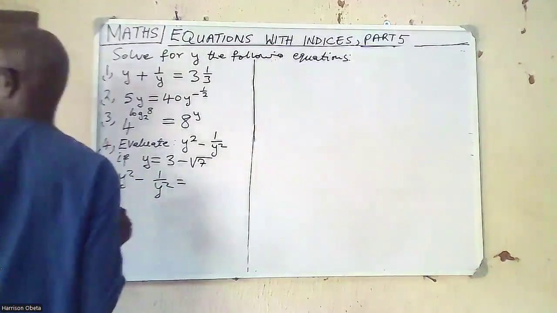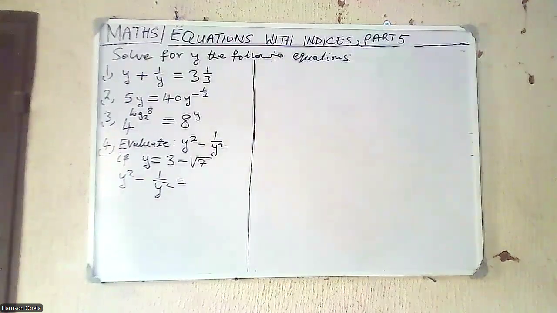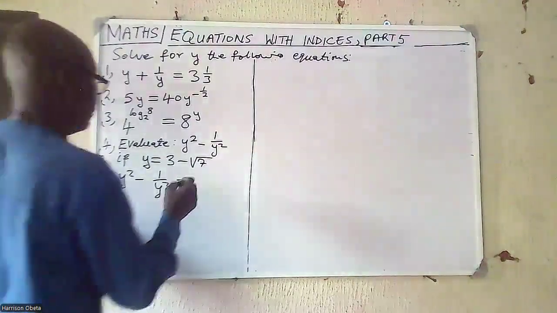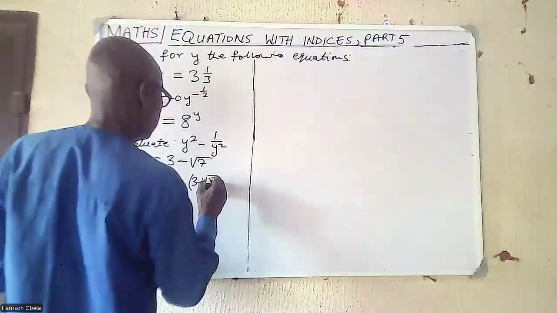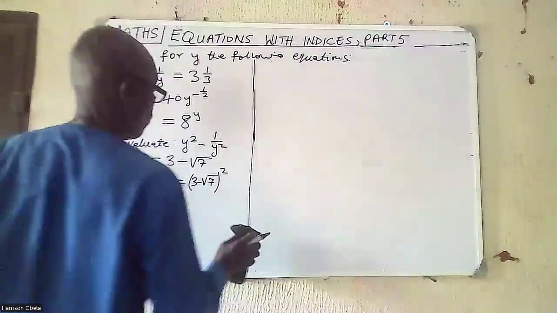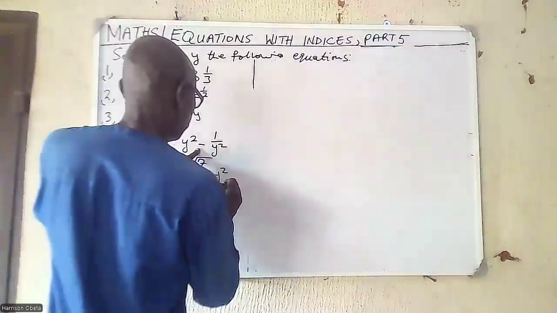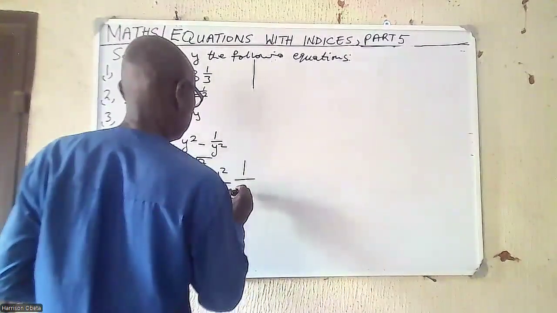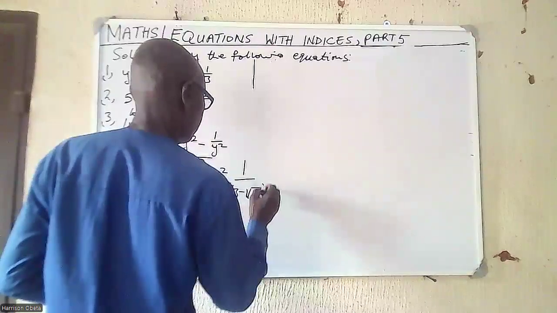And that means we have this bracket 3 minus root 7 squared, then minus 1 over 3 minus root 7 squared.